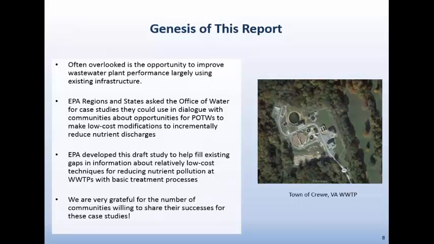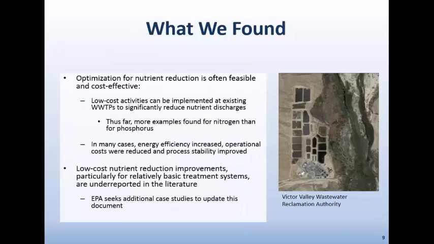We're really grateful for the number of communities that willingly shared their successes for these case studies. I'm guessing they're pretty proud of what they were able to do with their existing equipment and to avoid capital costs. So I think we were pleasantly surprised with the number of case studies we were able to come up with, and we're still looking for more, by the way, if anybody has them.